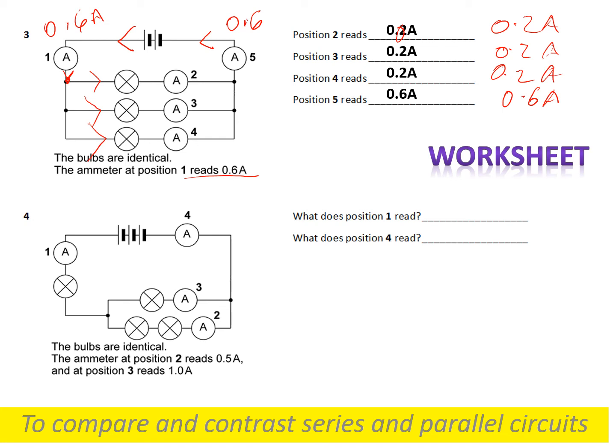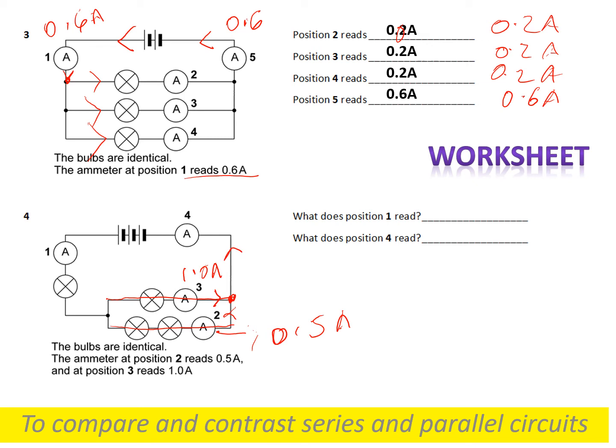And then the last question on this sheet. The bulbs are identical. They have said again, the ammeter at position 2 reads 0.5 amps and the ammeter at 3 reads 1 amp. What does position 1 read? So in this branch you have 1 amp and in this branch you have 0.5 amps. So these two should combine when it comes here, isn't it?